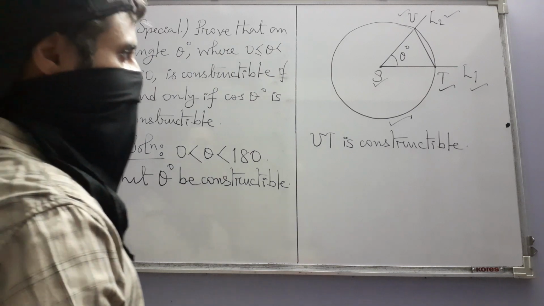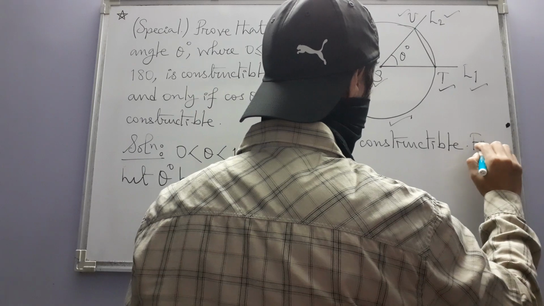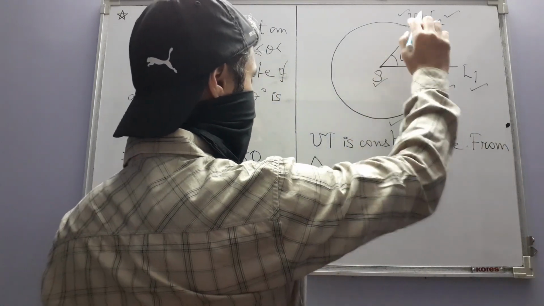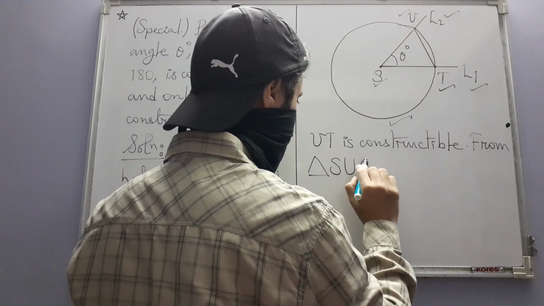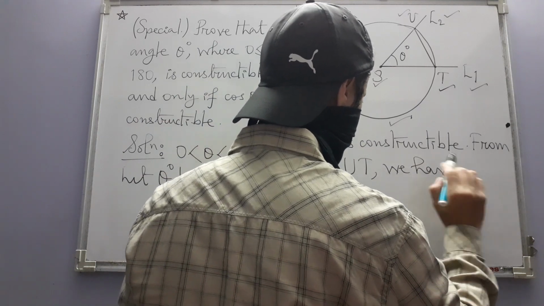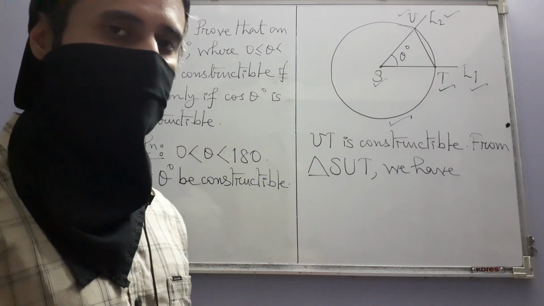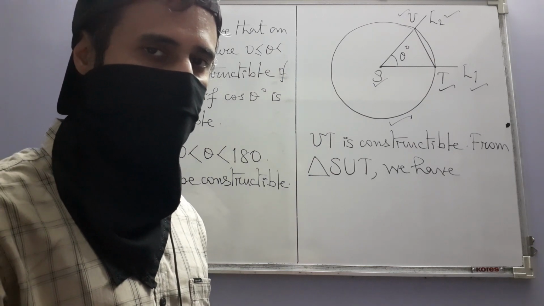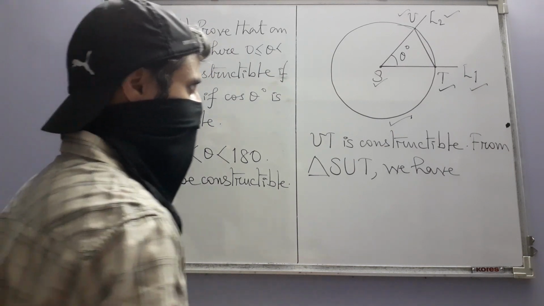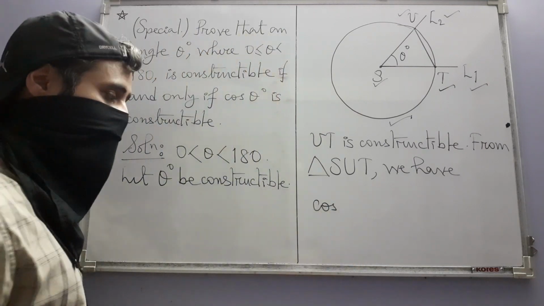Okay? Right. Now, from triangle SUT, if in this triangle you think of the law of cosines, which is a result that you should be familiar with from your trigonometry. By that law of cosines, it started raining.